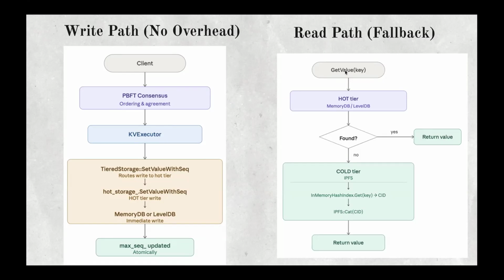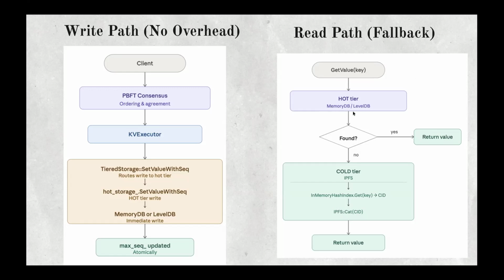Coming to the read path, the read path is slightly more complex, where we have a fallback mechanism. Currently, the get value function directly calls MemoryDB or LevelDB and returns the value.